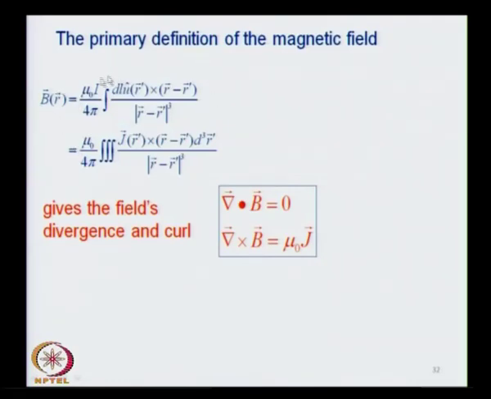and if you just use this definition and use the vector algebra, the vector calculus that we have already developed, and you already know how to get the divergence of a vector and how to get the curl of a vector. Okay. You must keep track of what the gradient operator is.